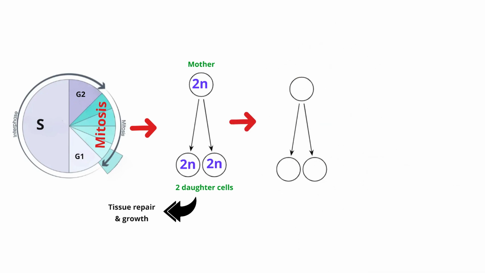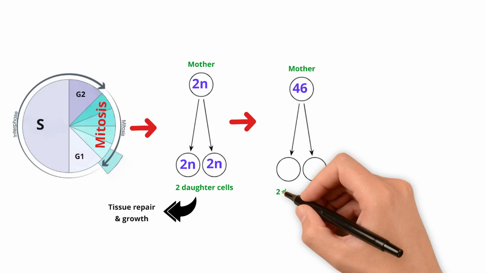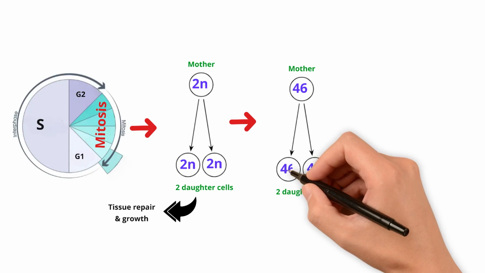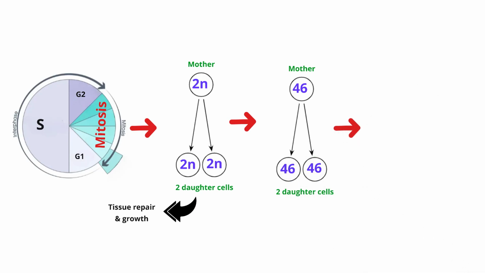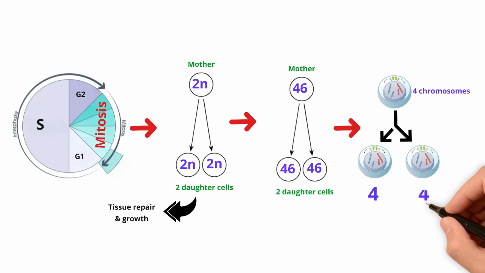For example, in a human somatic cell that contains 46 individual chromosomes, mitosis produces 2 daughter cells, each also with 46 chromosomes. In our simplified model, mitosis in a cell with 4 individual chromosomes will produce 2 daughter cells, each with 4 chromosomes.